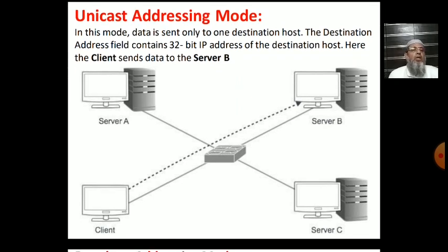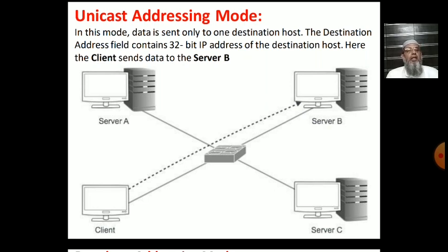Unicast addressing mode is a one-to-one communication, meaning one sender and one receiver. Every sender will contain a specific destination IP address to whom it wants to communicate.